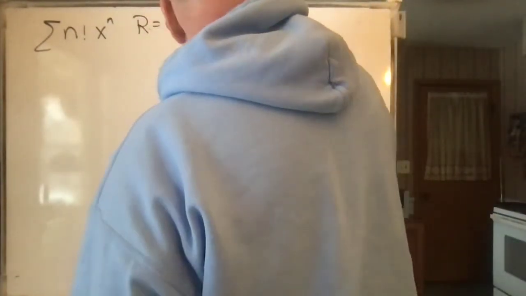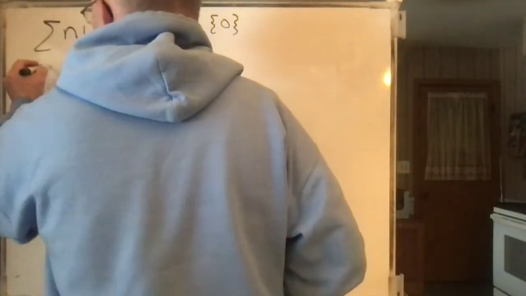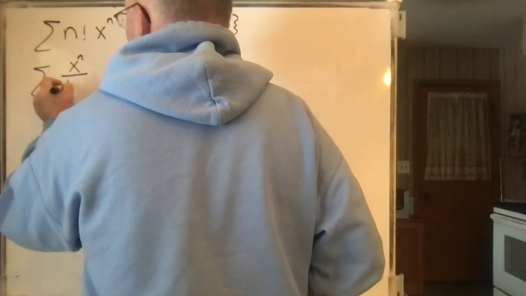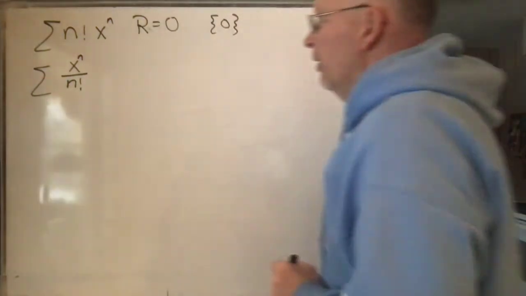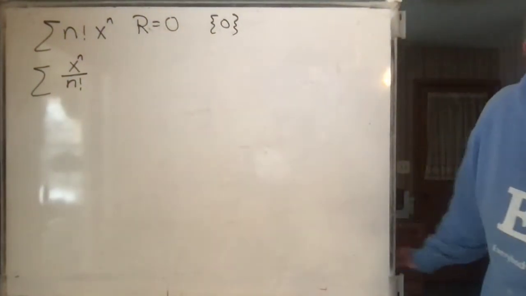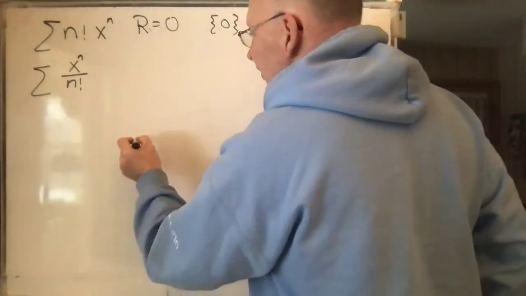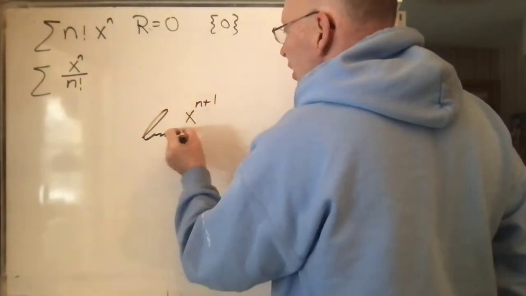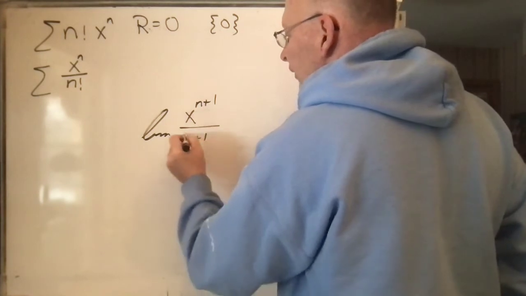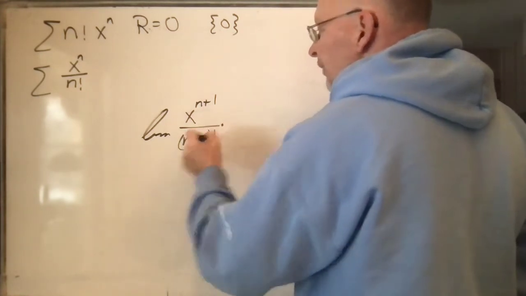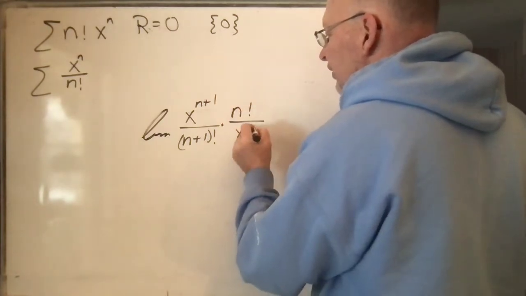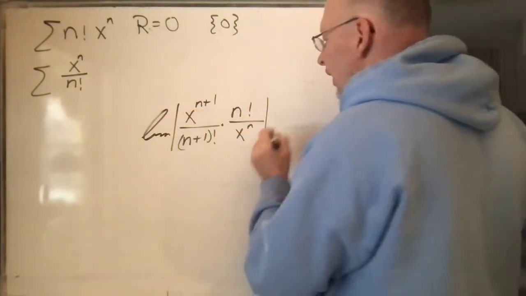Okay, let's flip it around and put this in the denominator instead. Okay, what's that one going to do for us? Well, do the same thing. Take the limit of x to the n plus 1 all over n plus 1 factorial, all divided by, so you flip it, x to the n over n factorial, slap on absolute values.